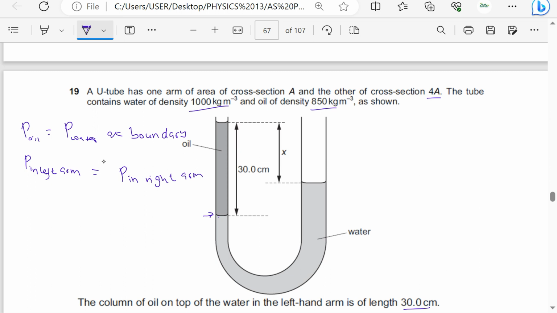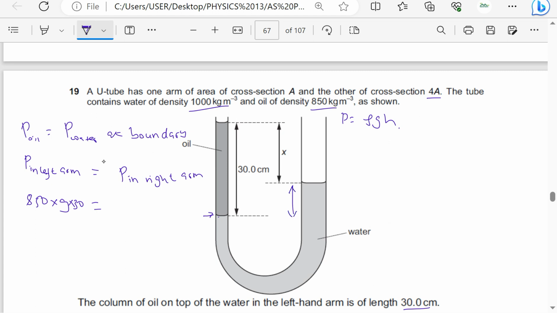Using the expression that pressure equals density times G times H, in the left arm, pressure due to the oil is going to be density, which is 850, times G, times the height, which I will not convert, 30 centimeters, should be equal to the pressure in the right arm, which is going to be this depth here.